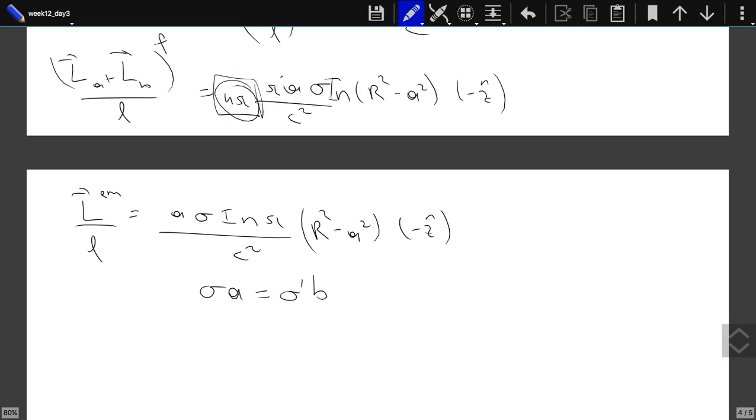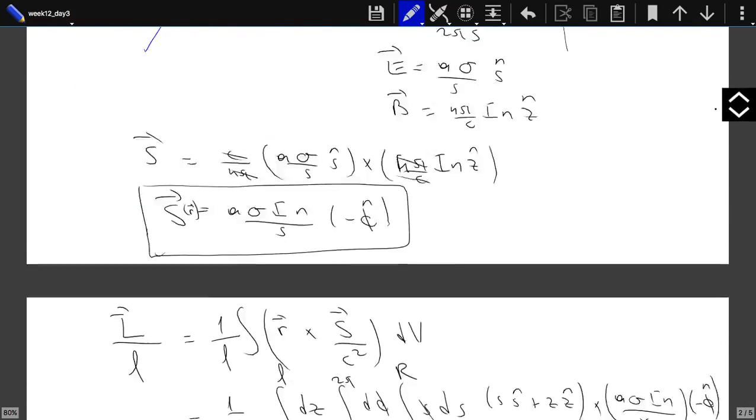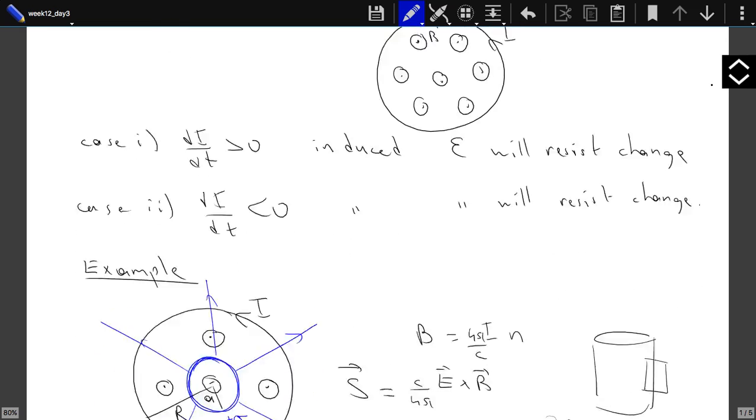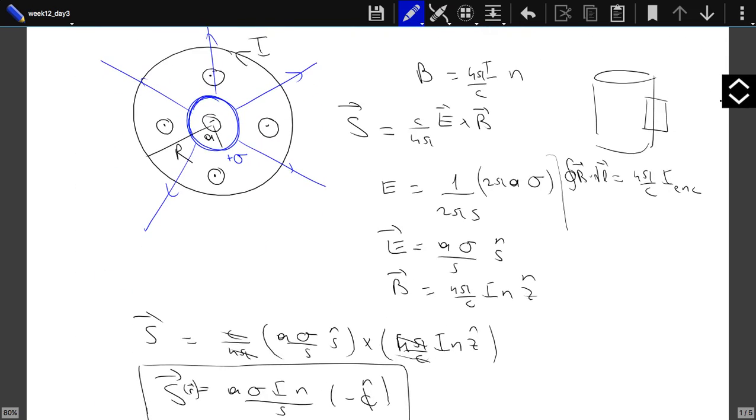Let's find what this 4 pi comes from. Where was our mistake? Either we forgot the 4 pi in the electromagnetic case, or we have an additional 4 pi in the calculation of the angular momentum transferred to our cylinders. In S, do we have this 1 over 4 pi?